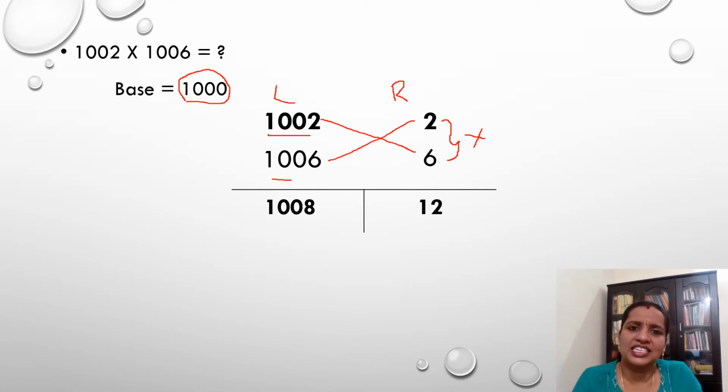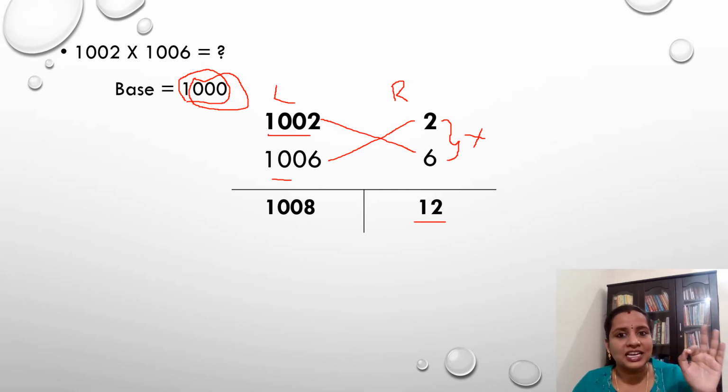What would be my next step? I have to check the number of digits in the RHS. The number of digits in the RHS should correspond to the number of zeros in the base. Here, how many zeros are there? I'm having 3 zeros.